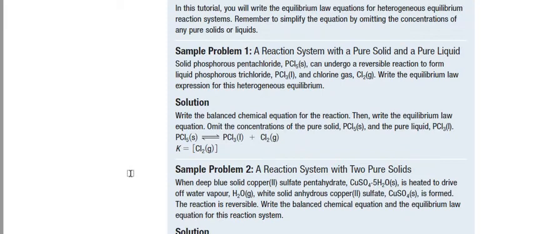So basically, since PCl5 and PCl3 are solid and liquid, we don't consider them at equilibrium law. So we write the balanced chemical equation and we don't consider the liquids and solids. So K will be only based on [Cl2], the concentration, and the exponent is 1. Why? Because in the balanced chemical reaction we have the coefficient as 1.